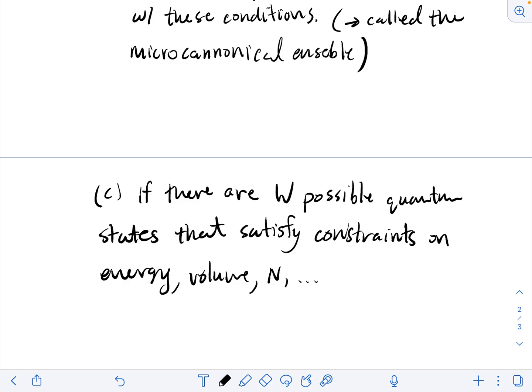Think of our jars: if we had Avogadro's number of gas particles in our jar, the number of different quantum states would be absolutely enormous, almost impossible to imagine, how many different combinations of particle positions and momenta are consistent with the constraints on the energy and volume and particle number. So it's an absolutely huge number.